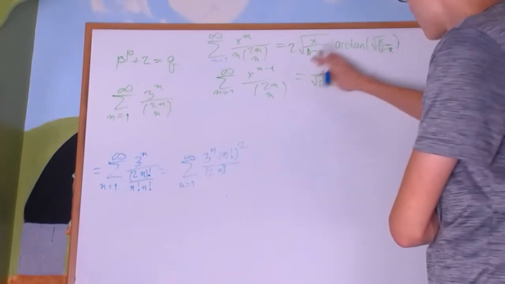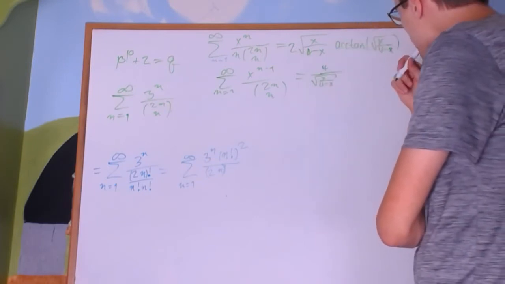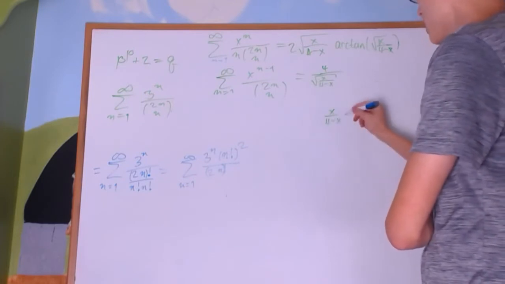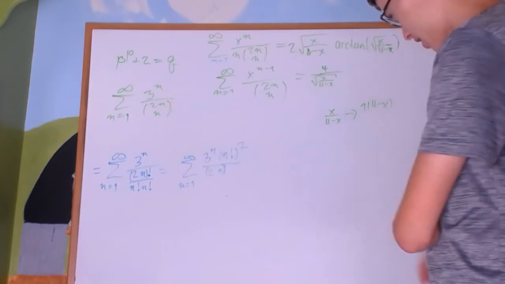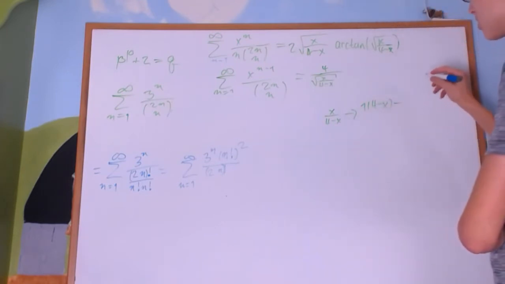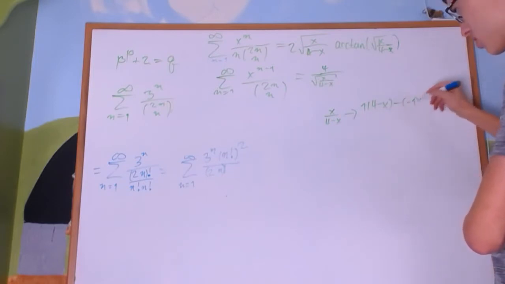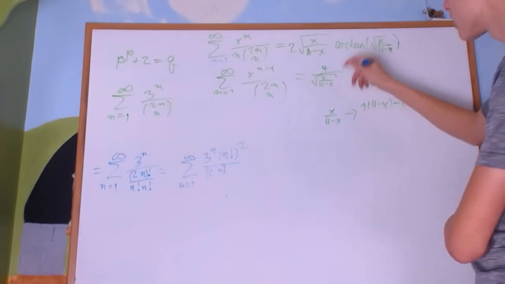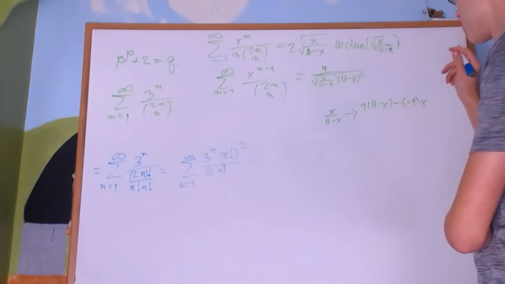It's 4 on the top, isn't it? No, it's not. X over 4 minus x. Take the derivative of it. 4 minus x minus x. So I take the derivative, it's -1 times x. Then over 4 minus x squared. It's x squared. There we go.